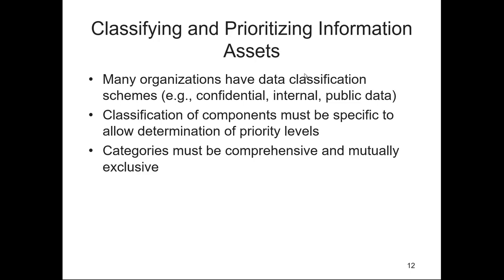Many organizations already have a classification schema or scheme in place. For example, confidential data, internal data, and public data. In addition, they have levels of access for their employees. All organizations should consider having a data classification model and authorization to access the different levels.